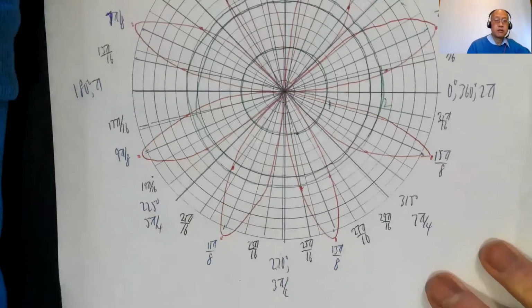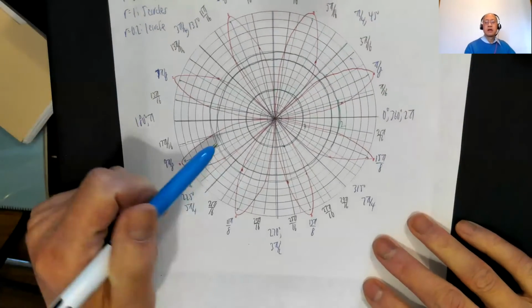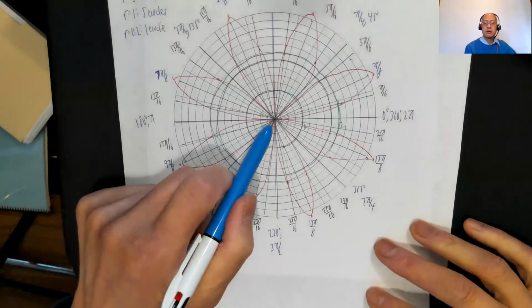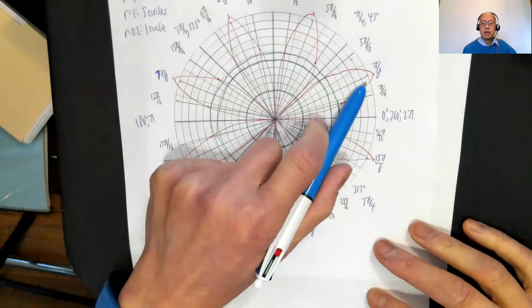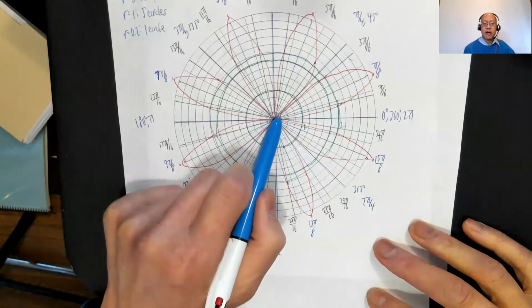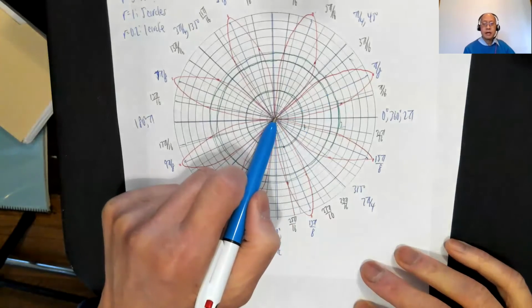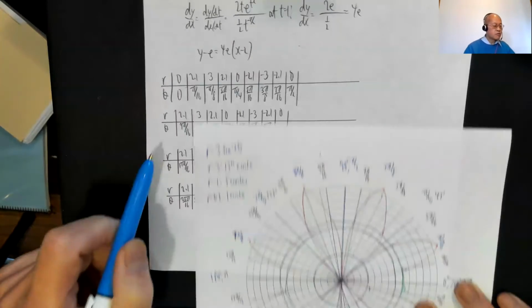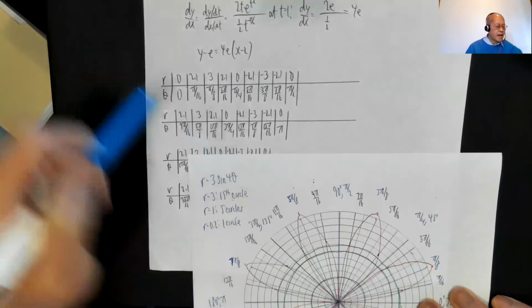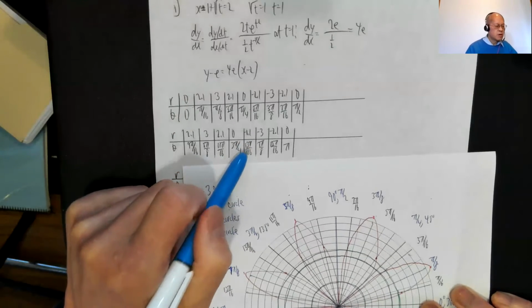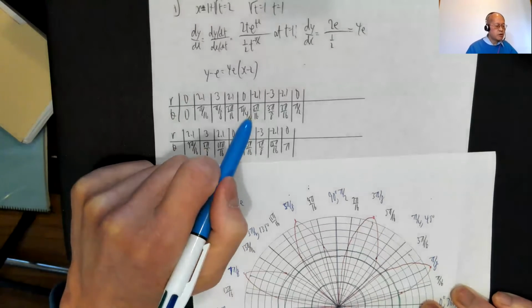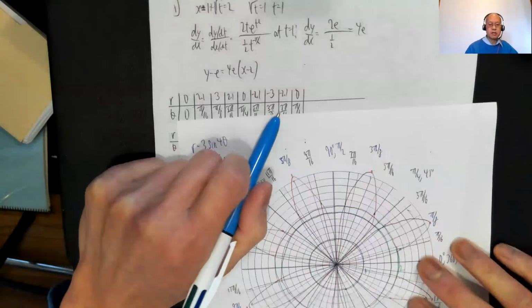Okay, let me try to fit it all in one screen. All right, but it goes 0, 2.1, 3, 2.1, back to the pole. And then the next set, you have negatives. So -2.1, -3, -2.1.